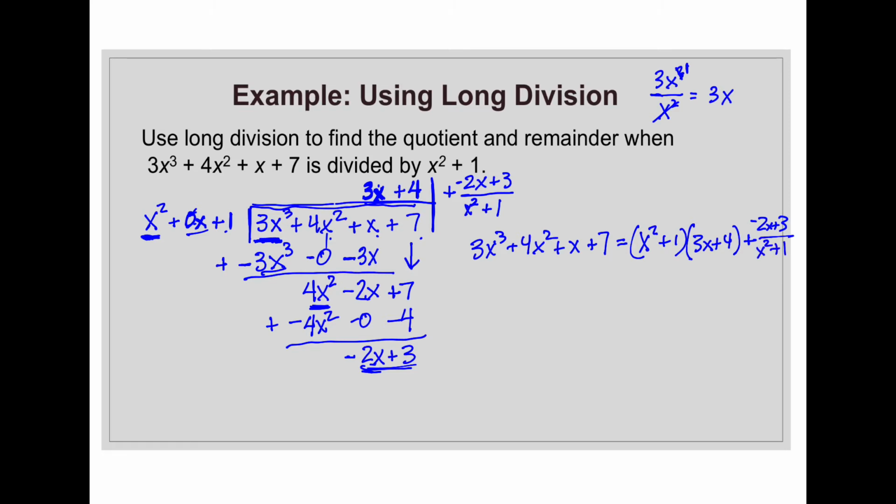The other way to write this is to take my dividend, 3x to the third plus 4x squared plus x plus 7, and then that divided by x squared plus 1 will equal 3x plus 4 plus negative 2x plus 3 over x squared plus 1.